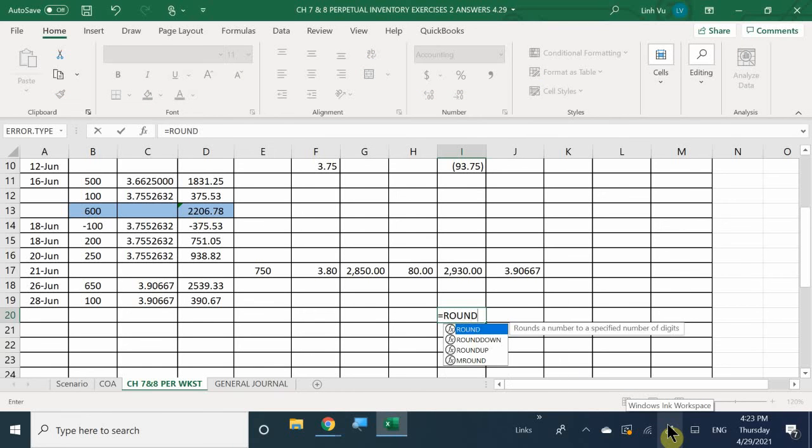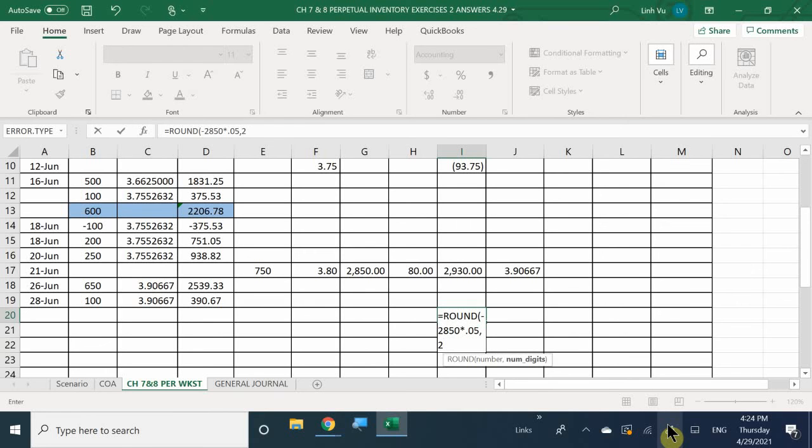I'm going to go ahead and calculate my discount to be the negative 2850 times 0.05. That's my discount. I get to take a 5% discount off of my original purchase price.